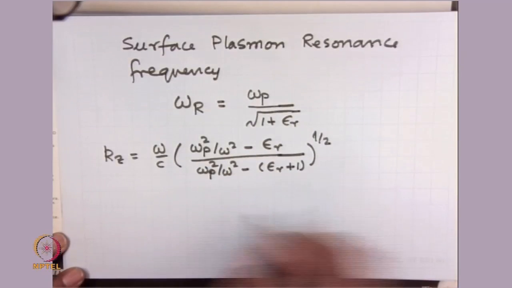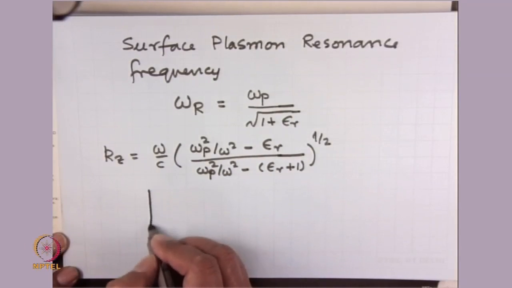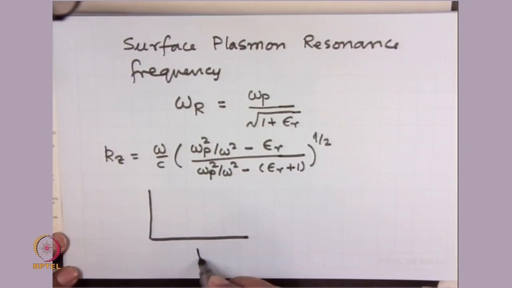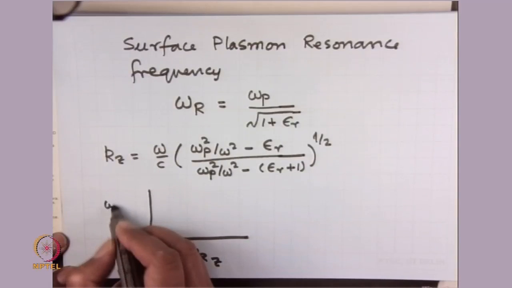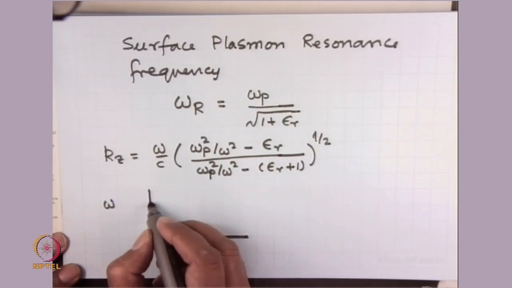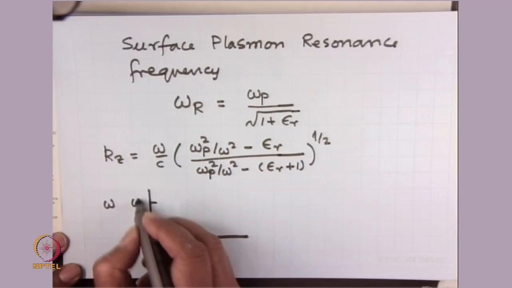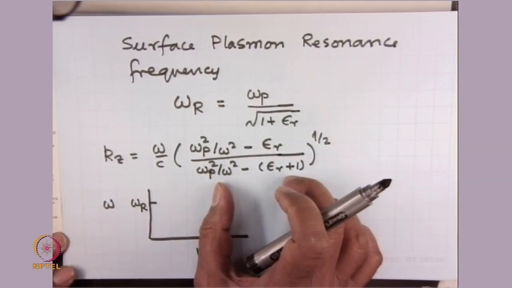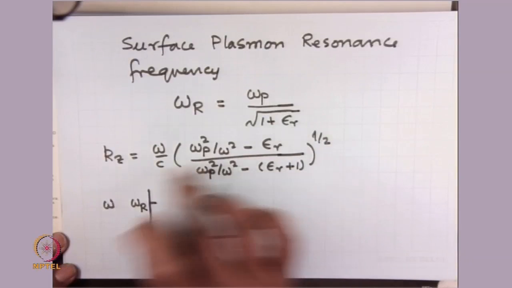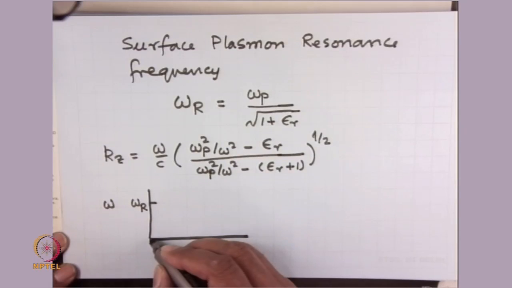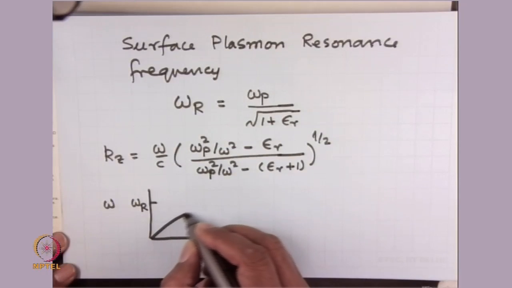And let me plot this. Normally people plot kz here and omega here. Then at omega equal to omega r, which is this frequency, what do I get? When this becomes equal to this, the denominator becomes 0, and kz goes to infinity. So the plot becomes linear here and then goes like this.